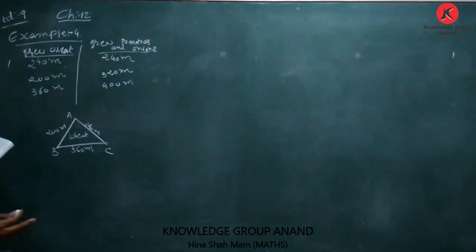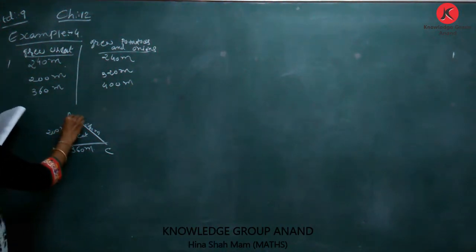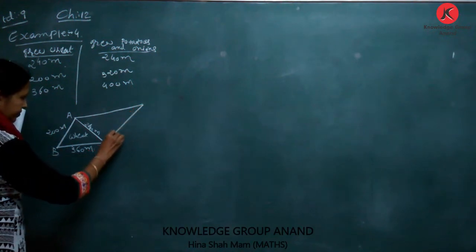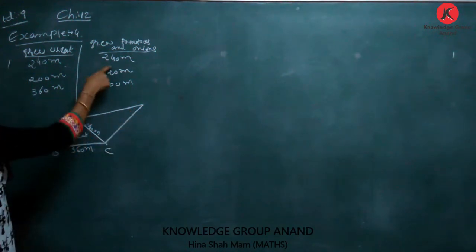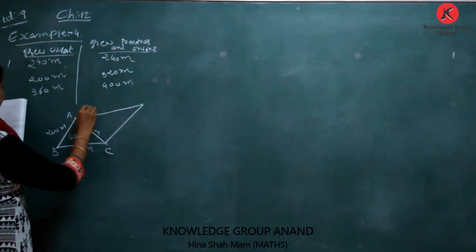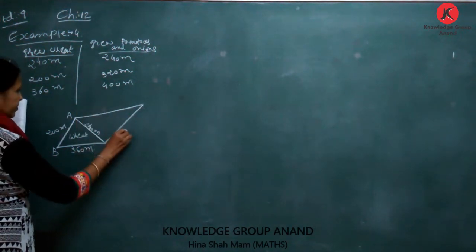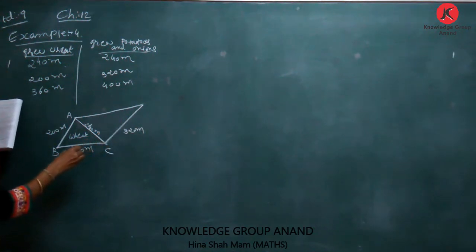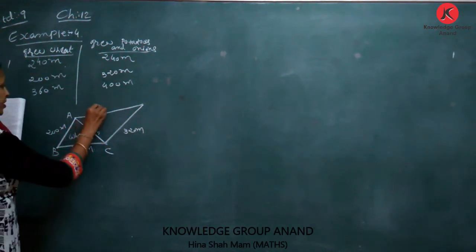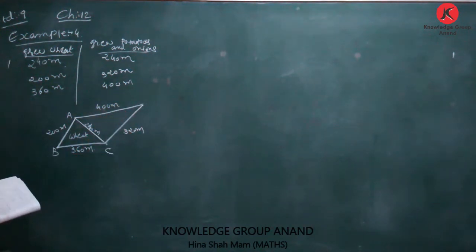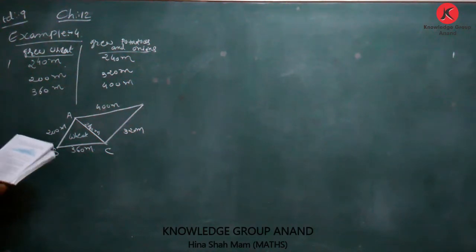Adjoining the other field, 240 meter, 320 meter and 400 meter sides. It is a form of quadrilateral.